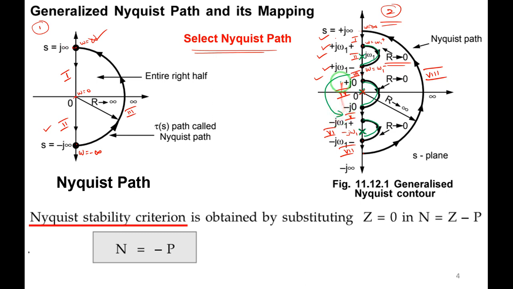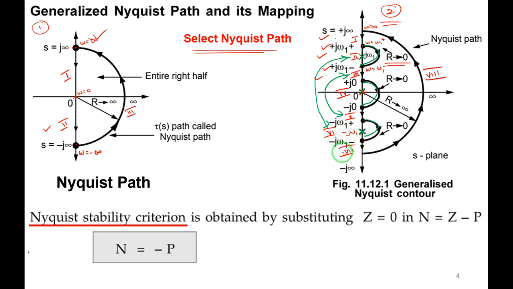Whatever polar plot I get for section 3, it is symmetrical about the real axis. So I will not analyze section 5. Section 6 is the mirror image of section 2.